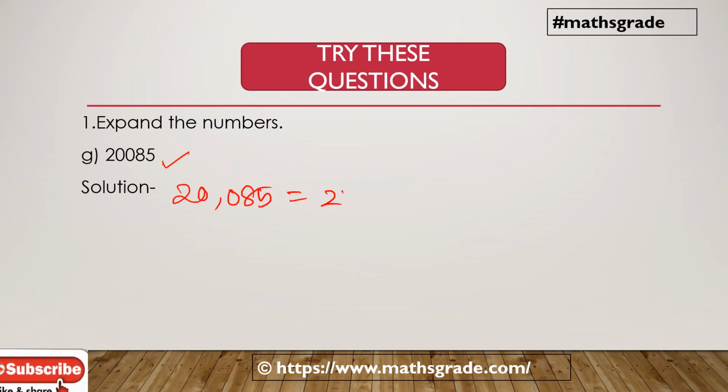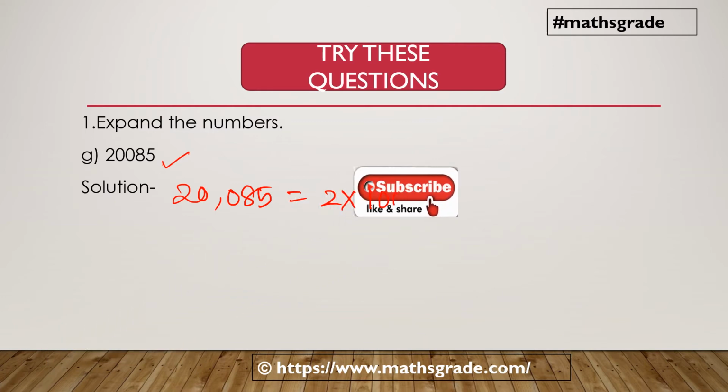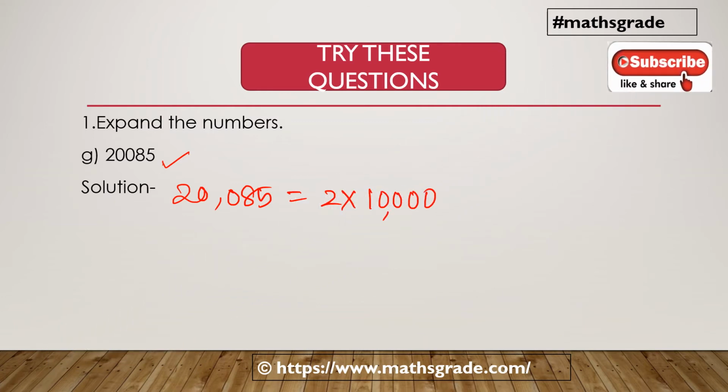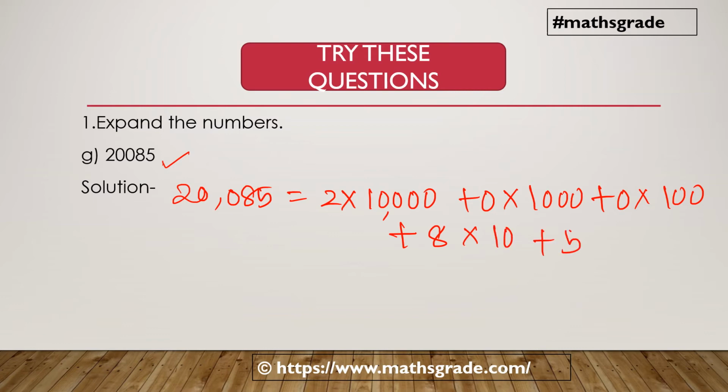So multiply the digit 2 with 10,000, and the digit 0 in the 1000 place with 1000, and the digit 0 in the 100 place with 100, and multiply the tens place digit 8 with 10 and the unit place digit 5 with 1.